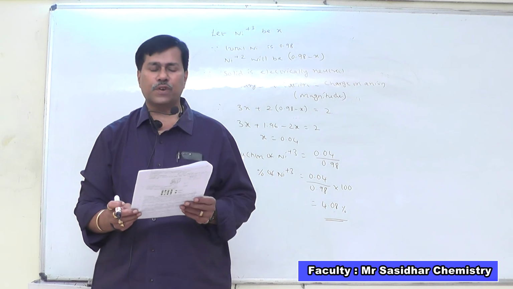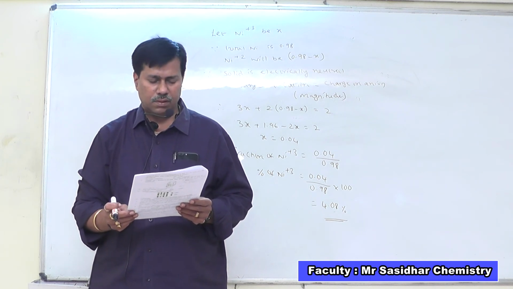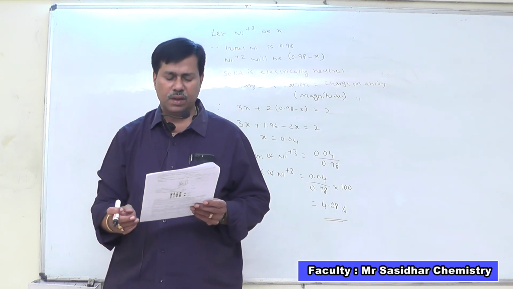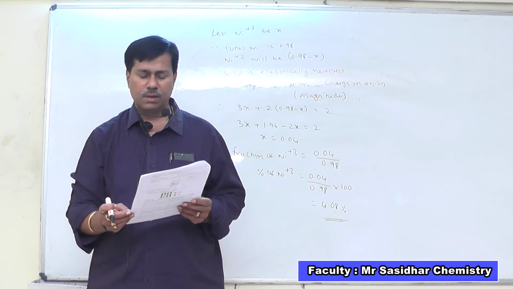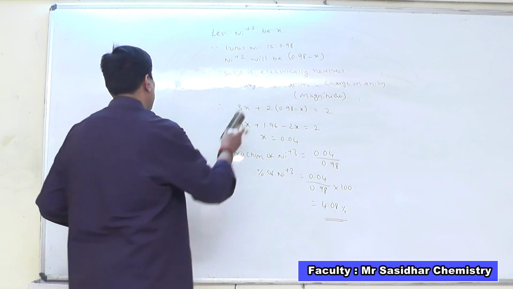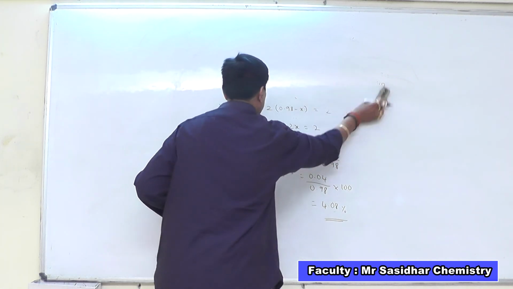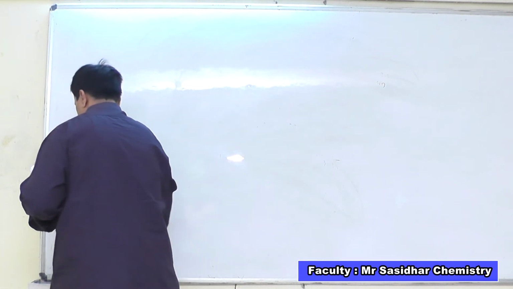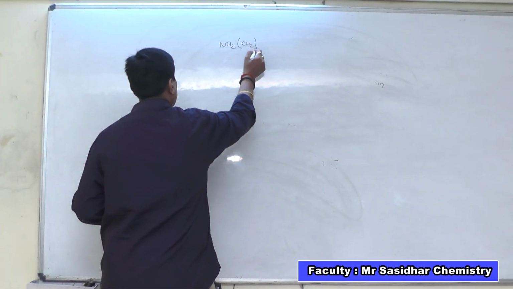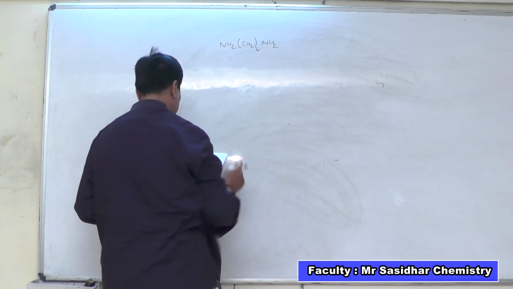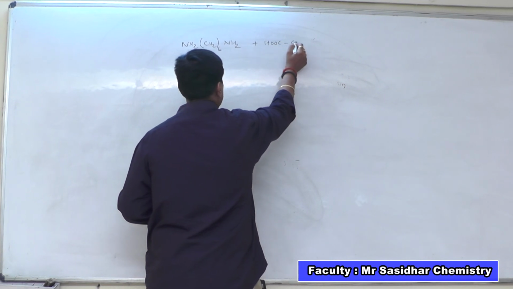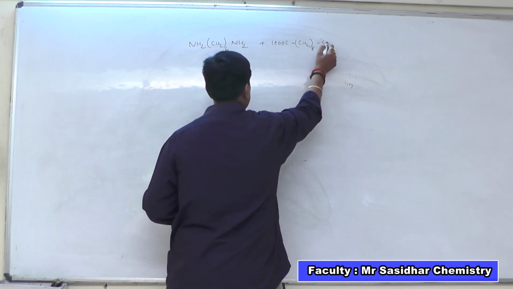So moving to question number 55. So the given polymer should be a copolymer, because if you look into the structures of the monomers from which it is formed, the monomers can be like this: NH2 (CH2)6 NH2 and COOH (CH2)8 COOH.